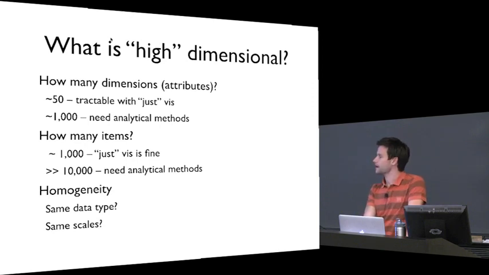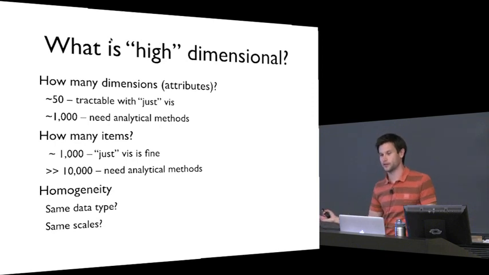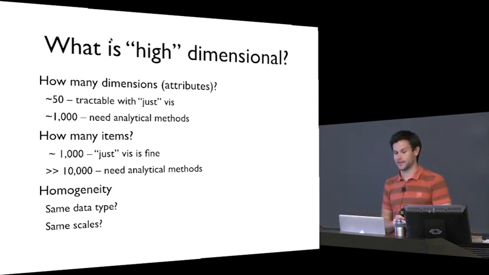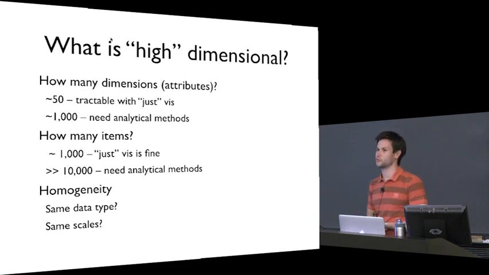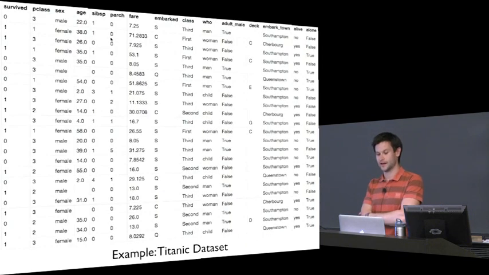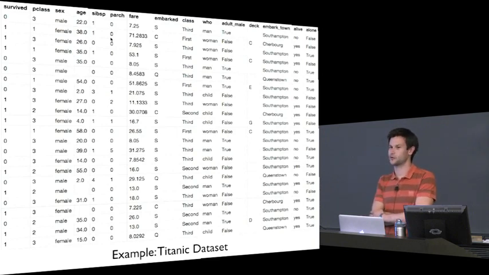OK, if you have a high-dimensional data set, so a large table, you first need to look at the characteristics of the table. So is it homogeneous? Homogeneous means, are there different data types in the dimensions? If this is mixed, like in the Titanic data set, then it's much harder to visualize than if it's homogeneous.